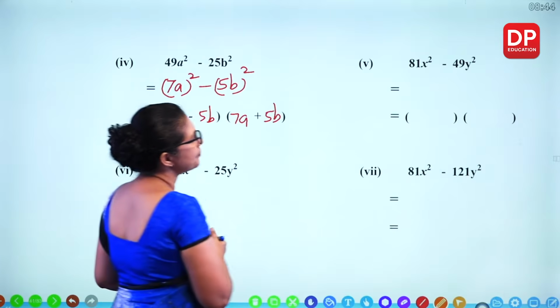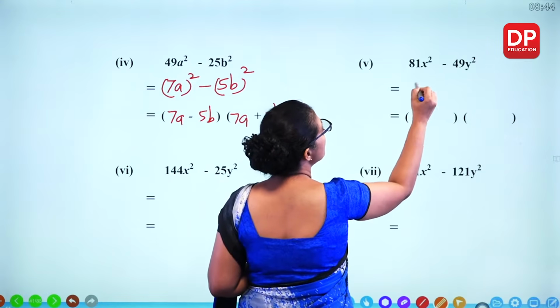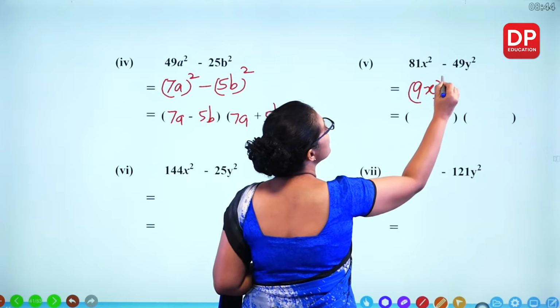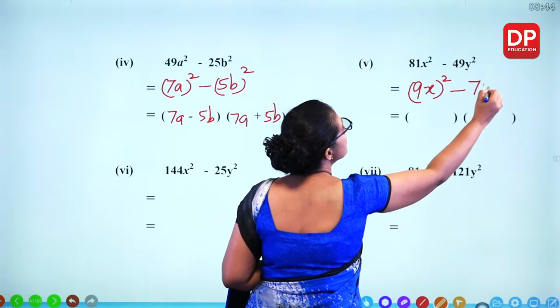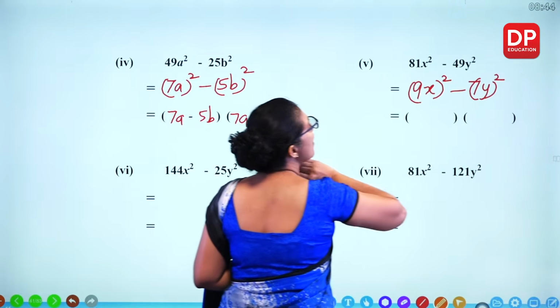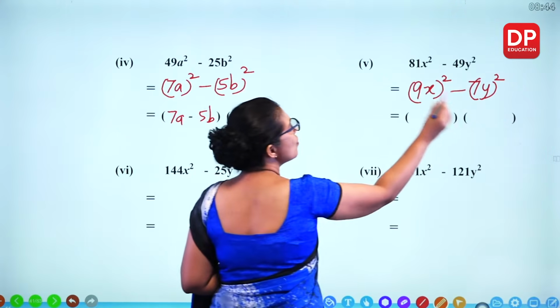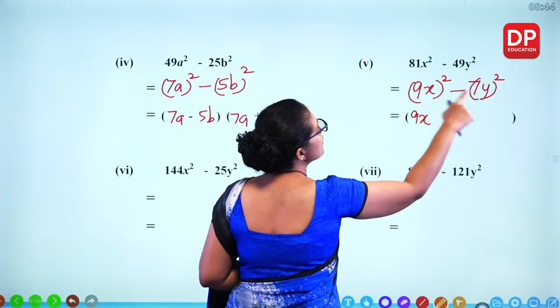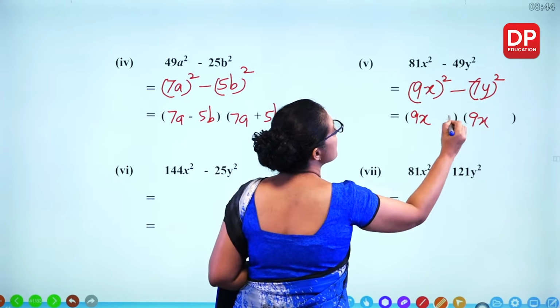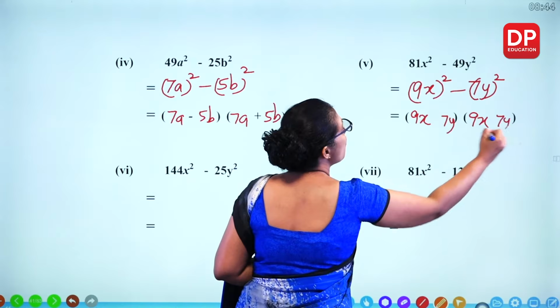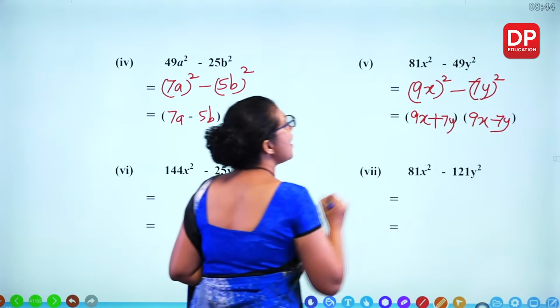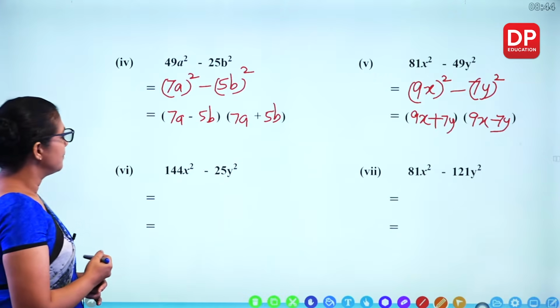This one, 81 is 9x whole thing squared. 49 is 7y whole thing squared. Now write down the two values, 9x here and 7y. One is positive and one is negative.